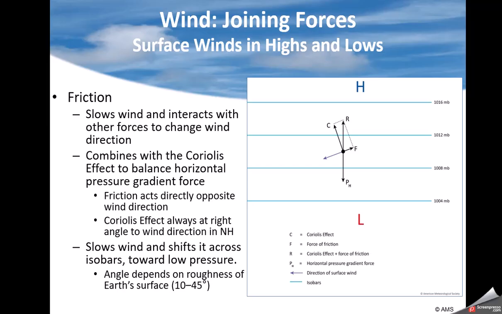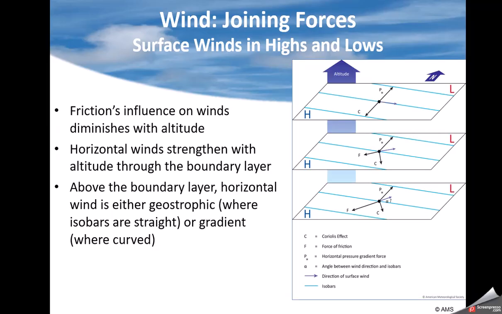When it's not balanced, instead of moving directly across or even parallel, it has a little shift where it will move slightly out from a high and slightly in towards a low. So the air is actually moving in together towards the middle of the low, not real strongly, but it's moving that way and moving outwards away from the high. Has major impacts on why we have the weather we have.